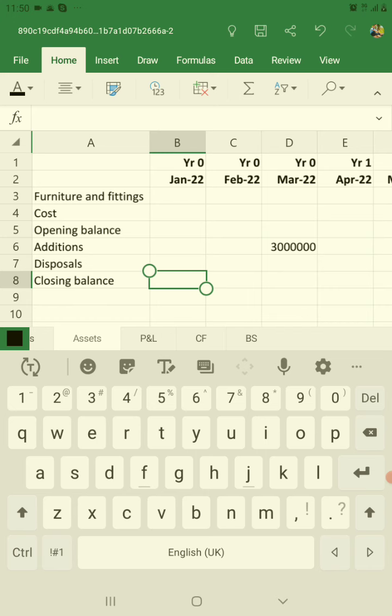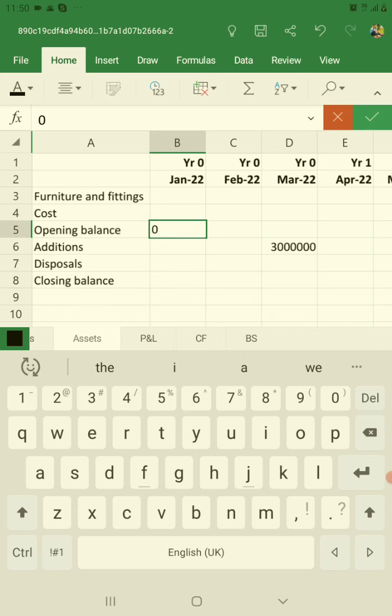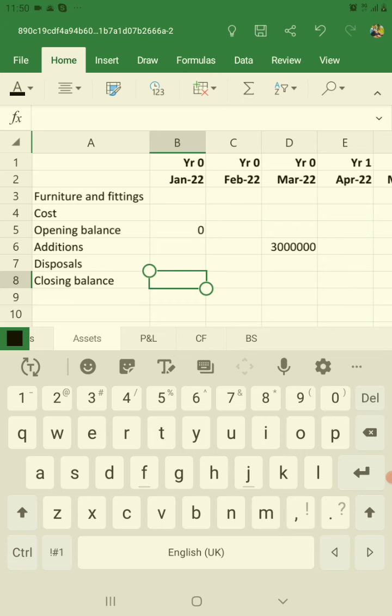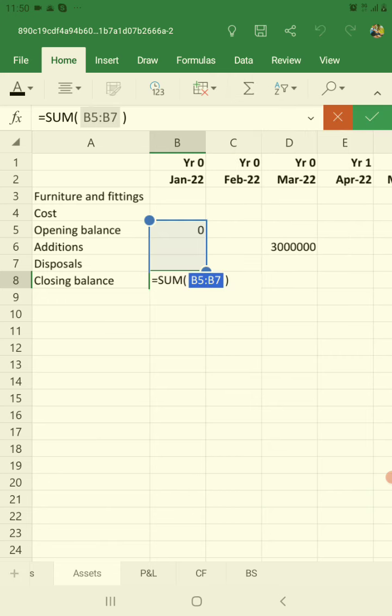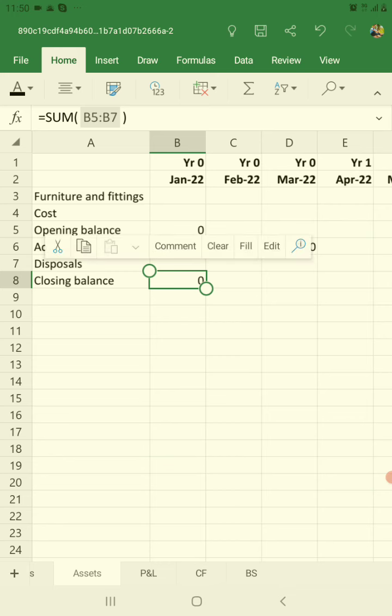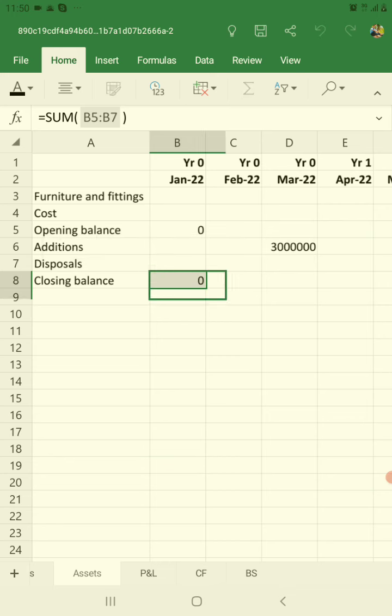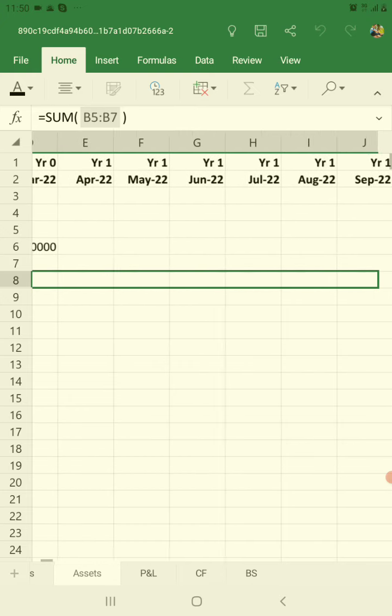Let me put opening balance 0 here, so that when I put a formula on the closing balance, I sum here, it will pick directly. So check on the green button to the top right. So I have the formula for closing balance, and tap to fill it to the rest of the projection horizon.